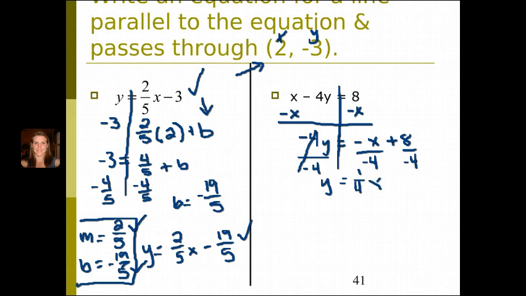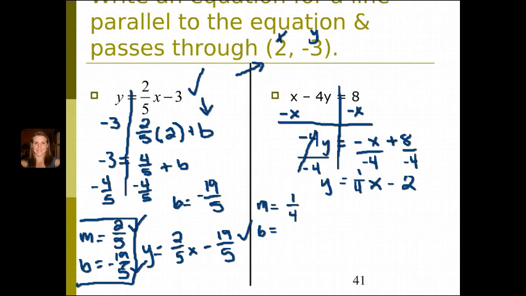All right, again, I know that my slope has to be the same. So I need to make sure that my slope of the new line that I'm trying to find is 1/4. From there, we need to plug in our x and y values again. And this is going to get a little crowded here.